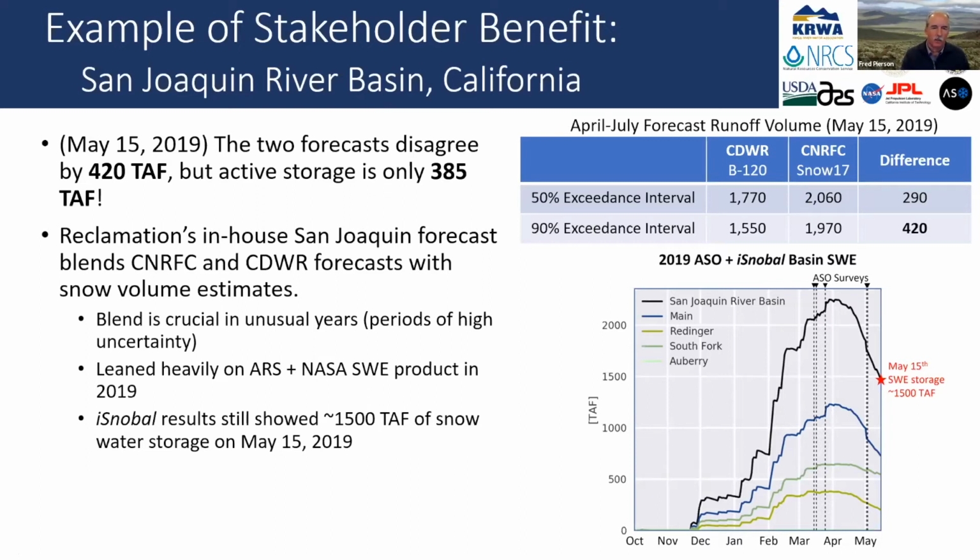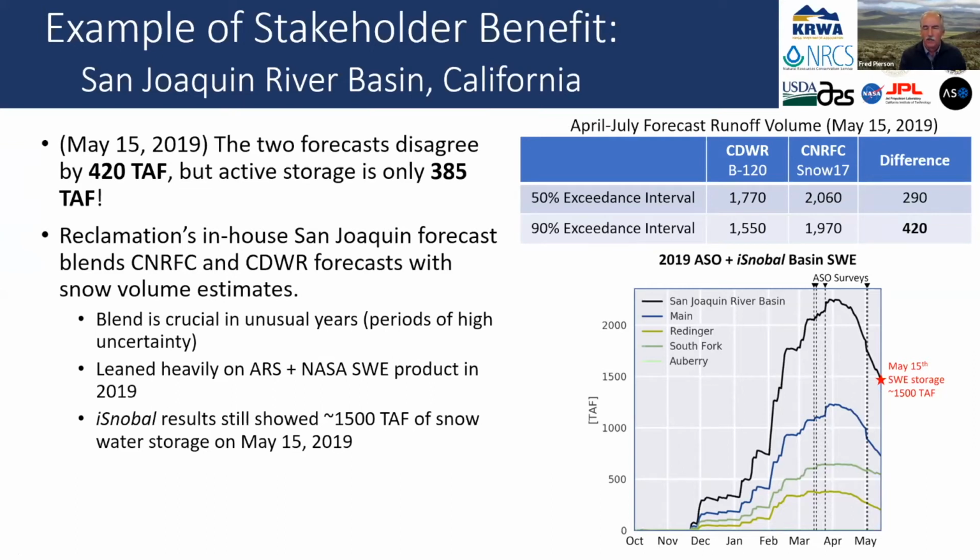The Bureau of Reclamation manages this particular reservoir. When you look at the two mandated predictions here, in this case they were very far off, by as much as 420,000 acre feet. That's how water managers talk about water, in 1,000 acre feet.